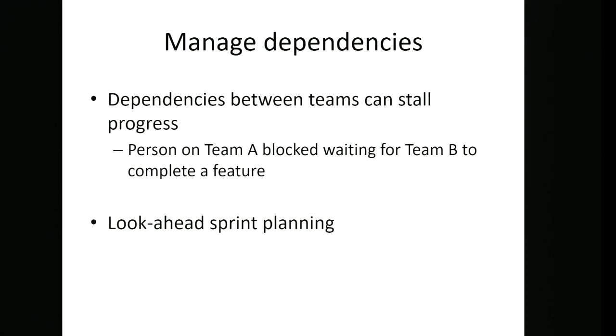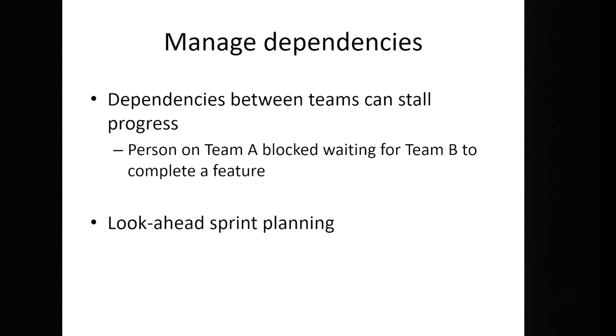One thing we might do is something like look ahead sprint planning. So we've talked about how you do a sprint plan at the beginning of every sprint. Well, what you might do is do that in your individual teams, but you also might have the product owners and maybe a couple of senior technical people from each team get together and do some slightly further planning of how they're going to divide the work up.